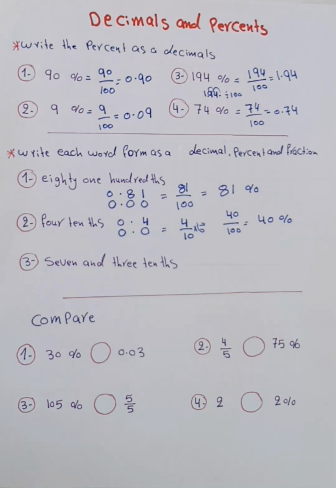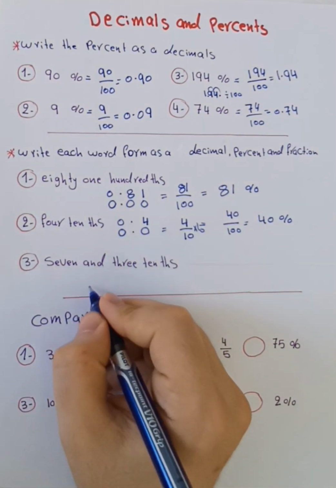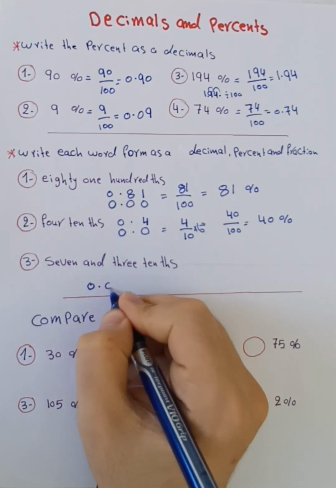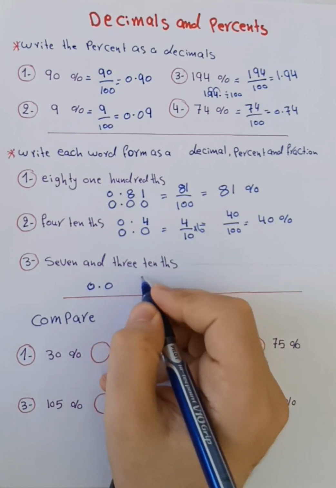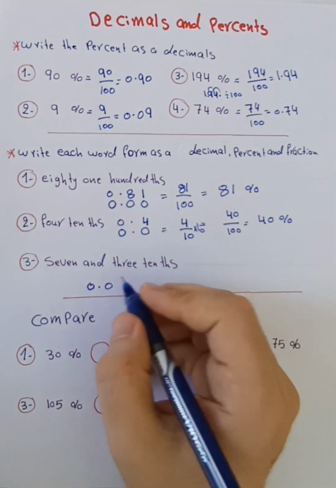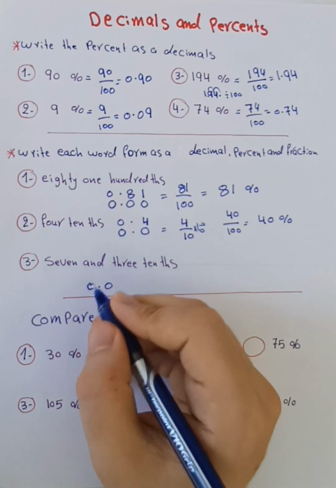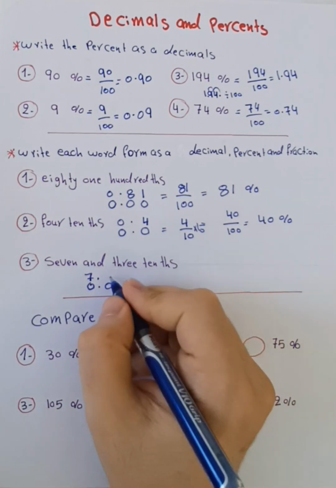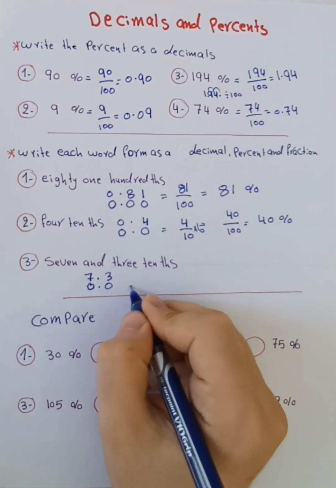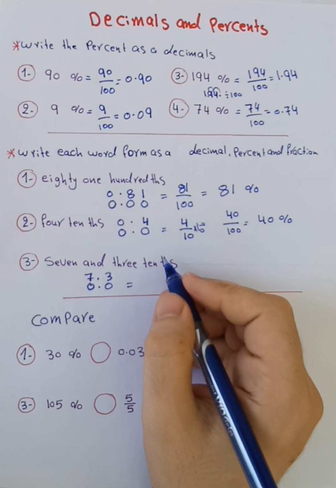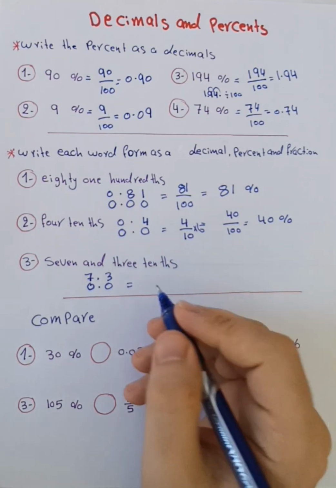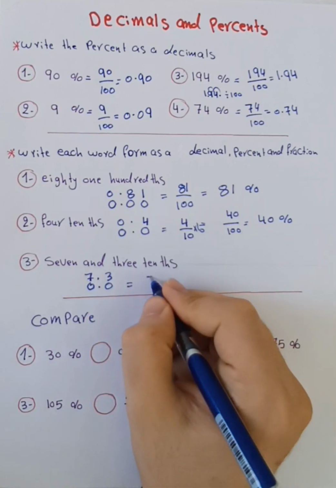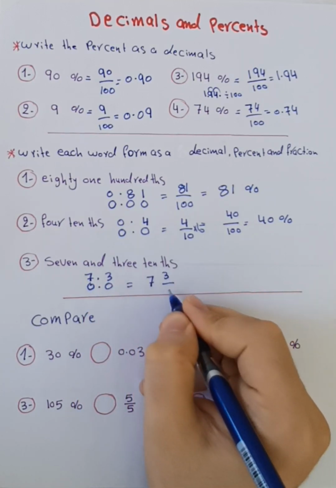Example number 3, we have 7 and 3 tenths. We have tenths, so we don't need to write hundredths. This is 7 and 3 tenths. This is 3. And the fraction form for 7 and 3 tenths is 7 and 3.